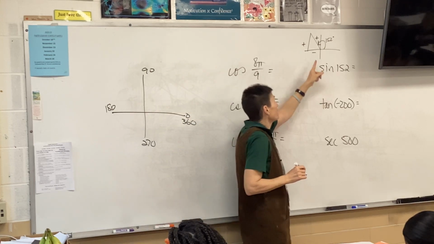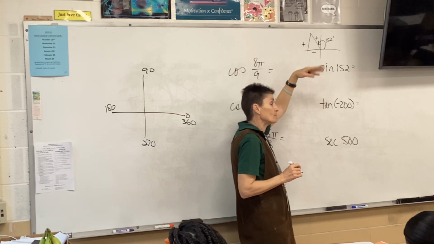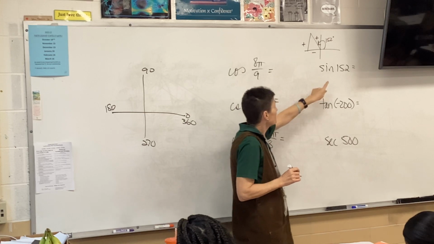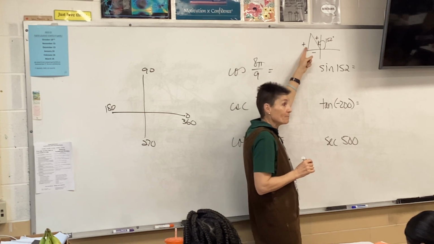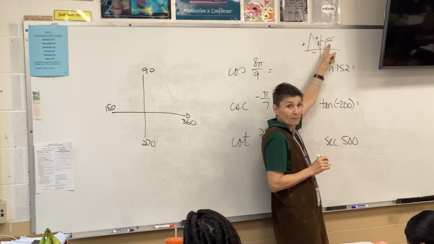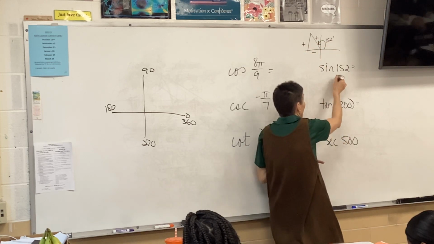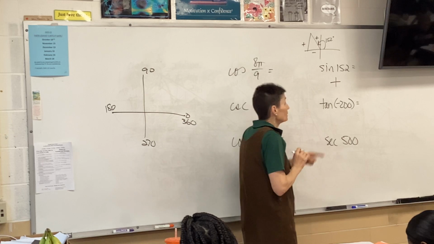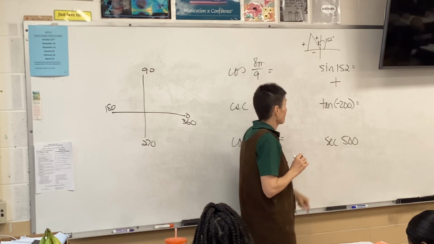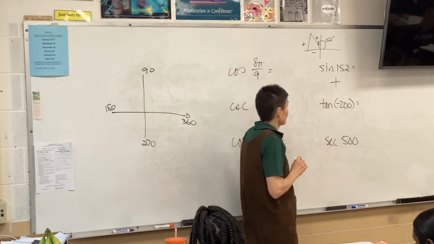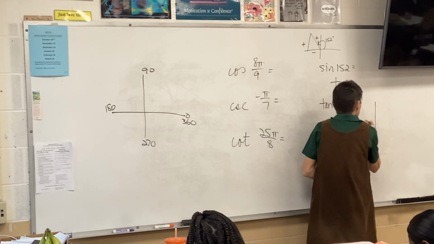Sine, I don't know any of the side lengths, I don't need to, I just want to know positive or negative. So what sine? Sine is opposite over hypotenuse. So won't that be positive? Positive over positive? Negative 200.